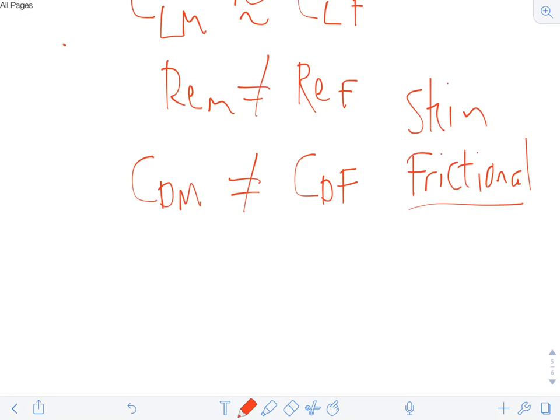If flows are attached and we're at mild angles of attack, then the lift that's created and the induced drag associated with that lift can both be considered Reynolds insensitive, I should say, with some caution. So you may be able to say CDM equals CDF for the induced component.